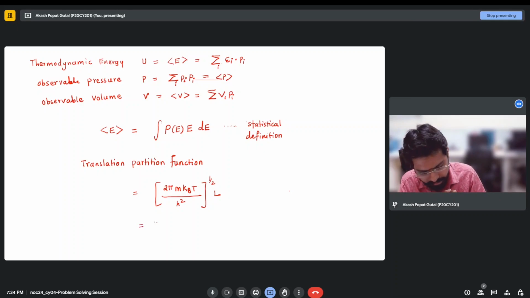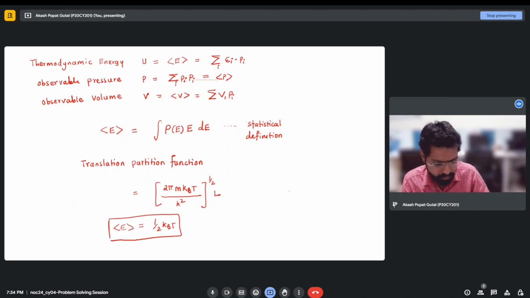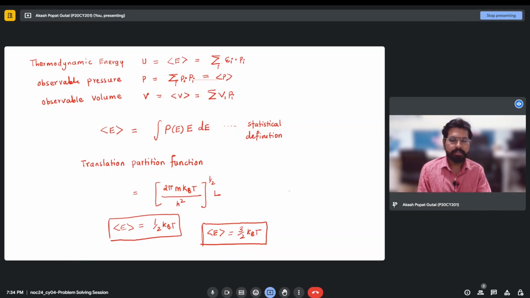We derived that the average value of energy in one dimension is 1/2 kBT. Similarly, for three dimensions the average value is 3/2 kBT because we have 3 degrees of freedom. This is the same as what we saw in the kinetic theory of gases.